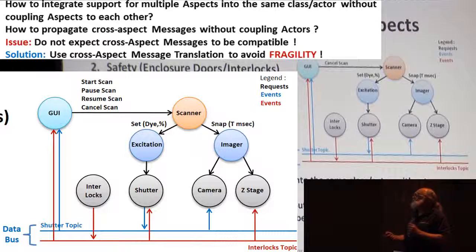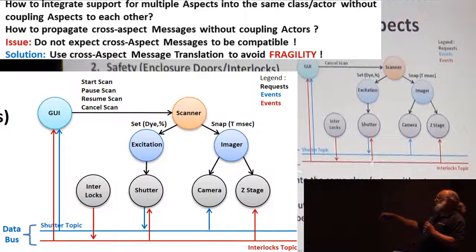And the second question, yeah, so this is how it goes. You had the shutter topic, so the camera knew about the shutter. Now the safety aspect adds an interlock topic to the interlock, which publishes its state. And the GUI is interested and it subscribes to it, and the shutter subscribes, and the Z stage subscribes.